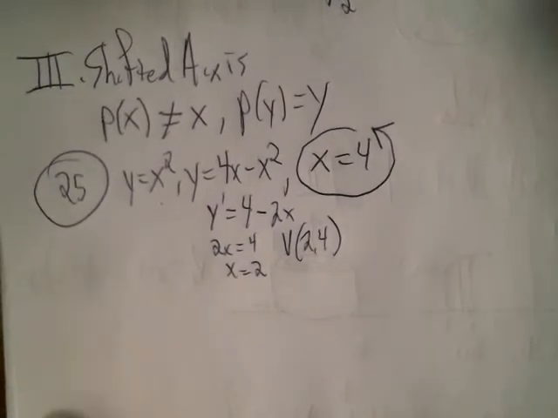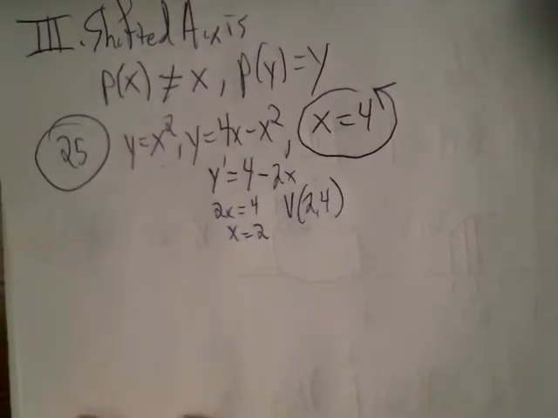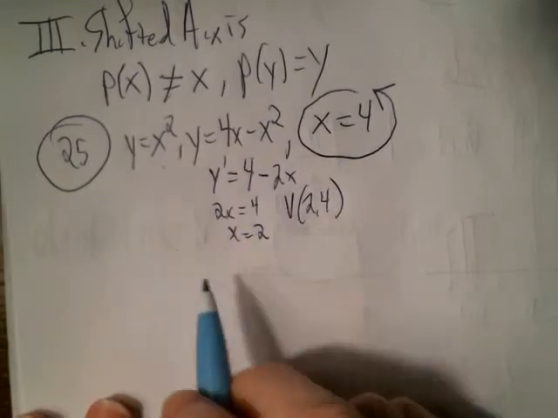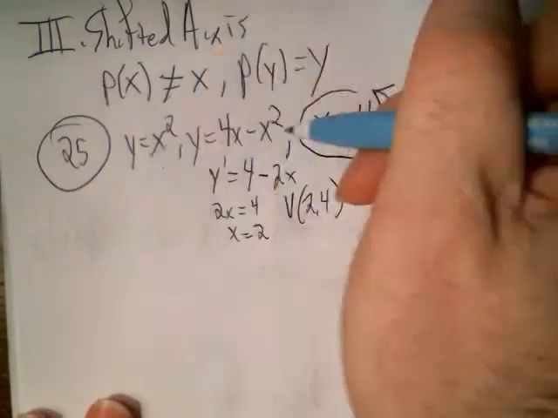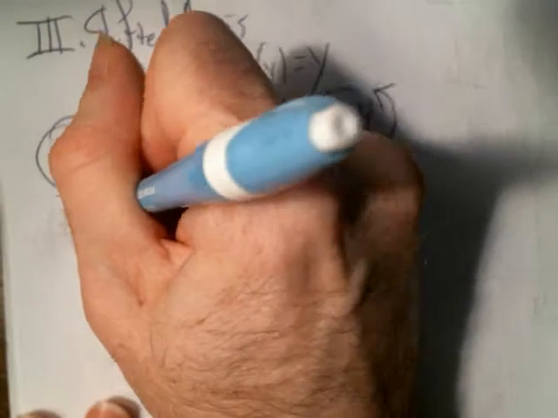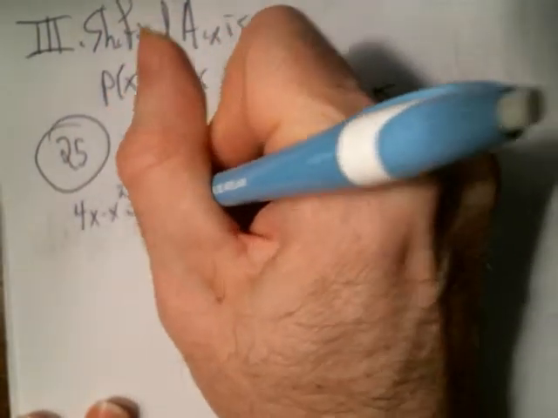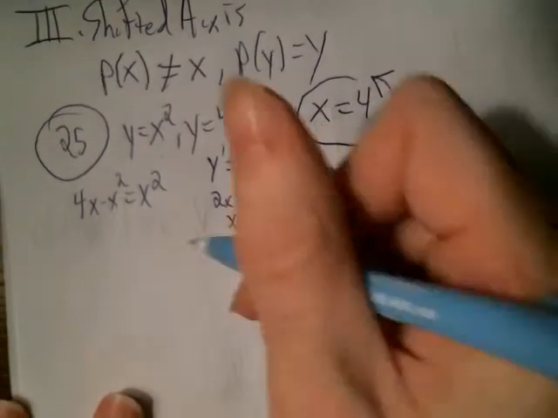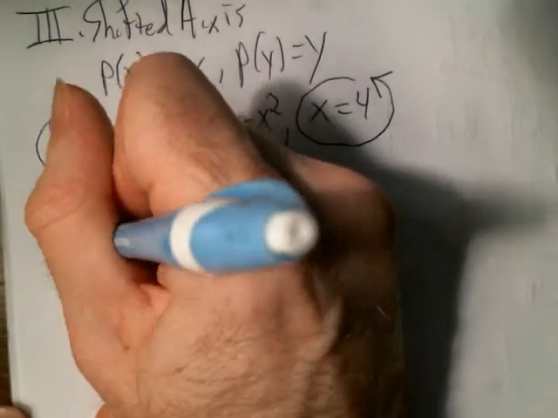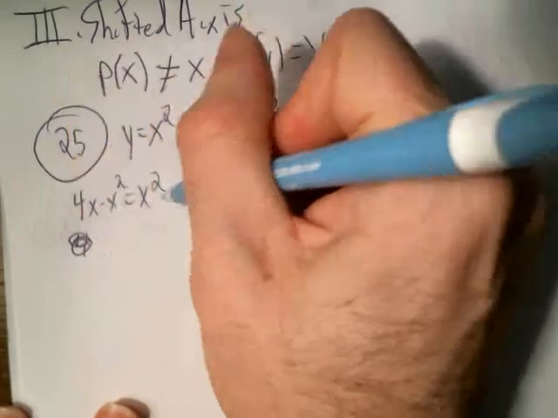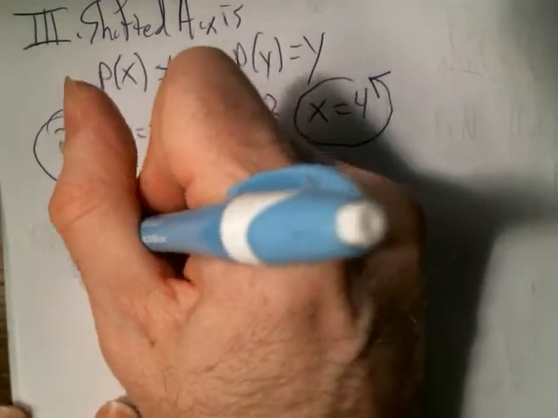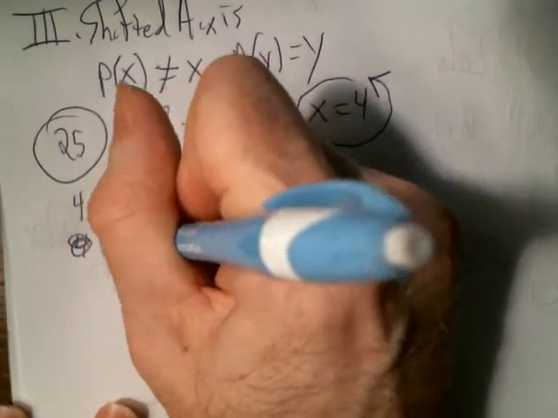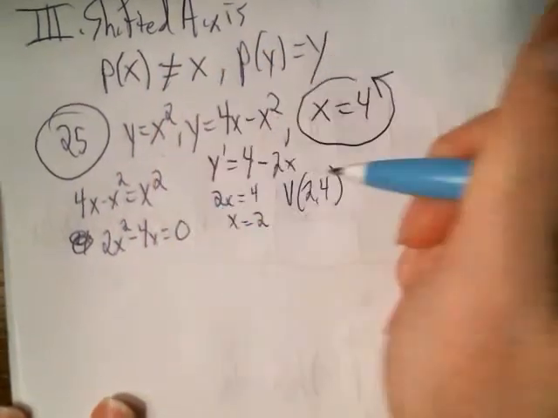And the intersection point between these two, what is that? Well, 4x minus x squared is x squared. You set the two equations equal to each other. Moving this to the other side, we have 2x squared minus 4x is 0.